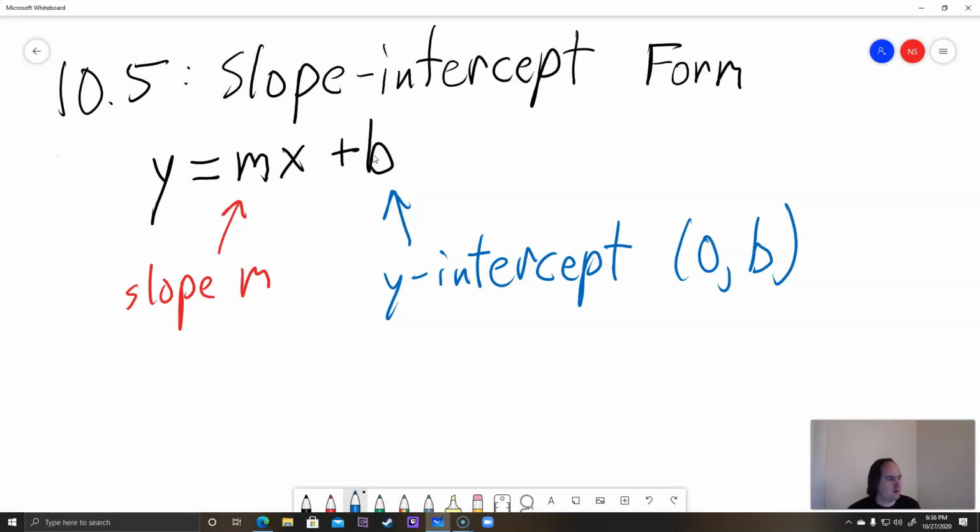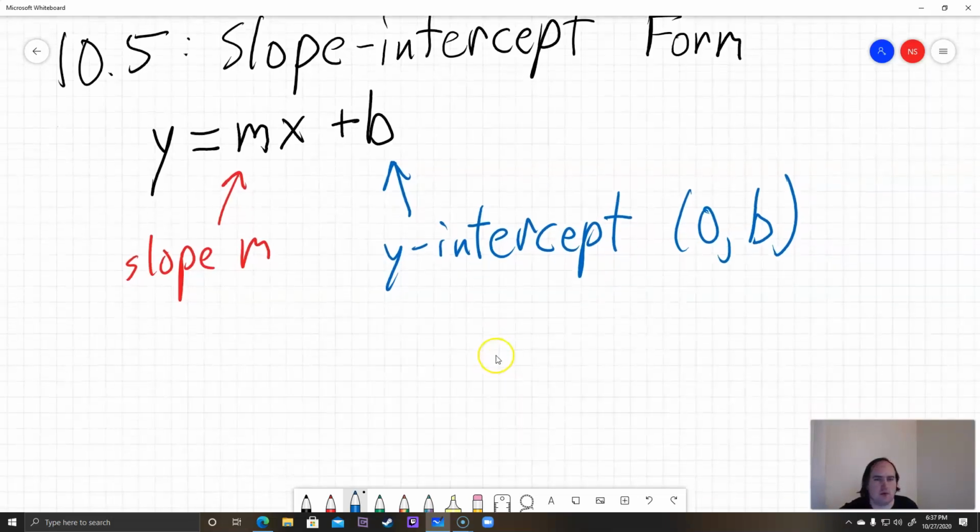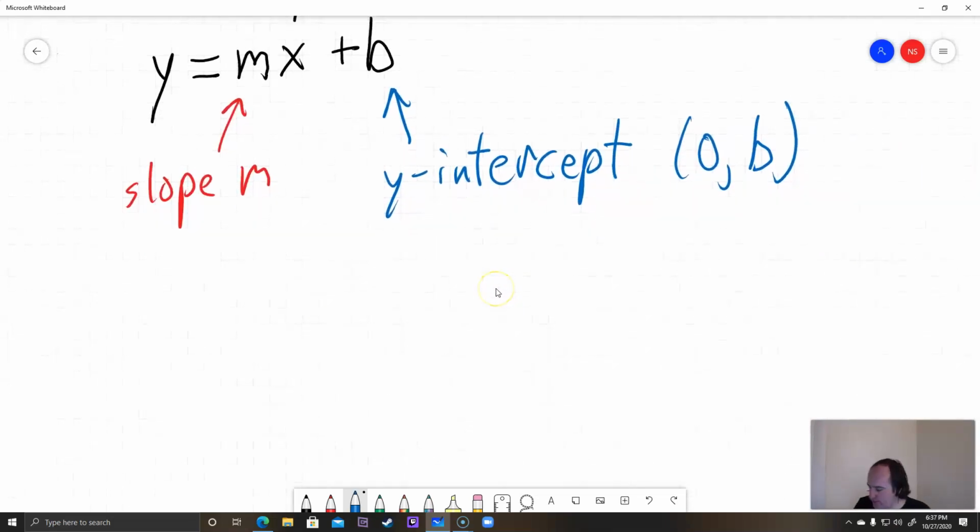Okay, so let's do an example of one of these. And we're going to just start by identifying the slope and the y-intercept, and then we'll use them to graph. Okay? So, example.